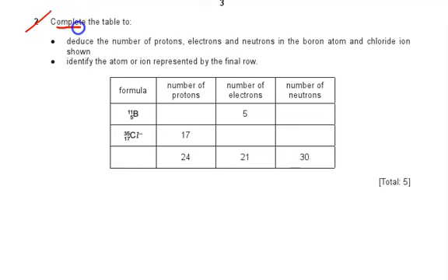Number 2, complete the table to deduce the number of protons, electrons and neutrons in the boron atom and chloride ion. Identify the atom or ion represented by the final row. Let us make the table bigger.